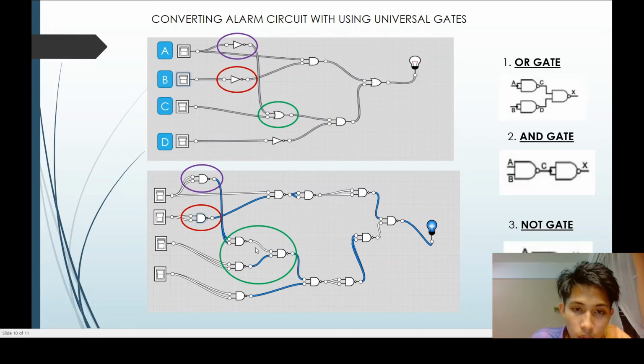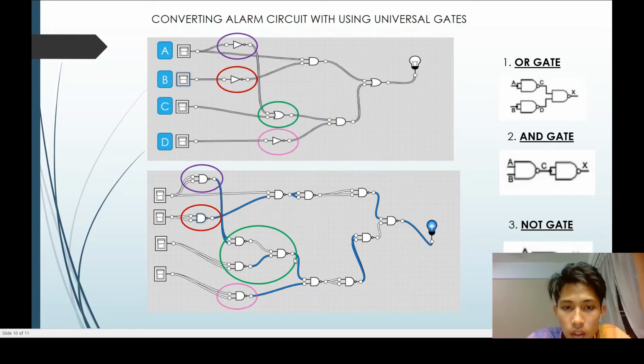So the two inputs of this NAND gate are connected to the same input. This NAND gate, the two inputs here are the same, which is C here. And then these two NAND gates will connect to another NAND gate here. So this one is for the OR gate.